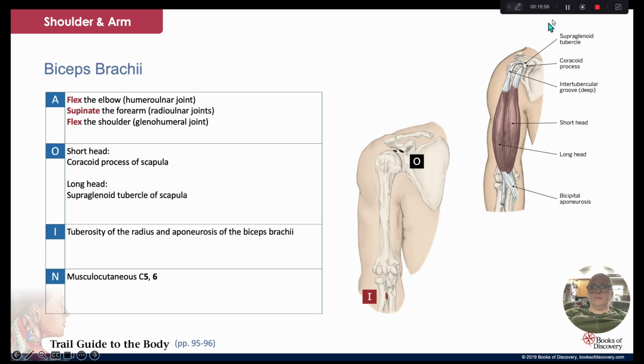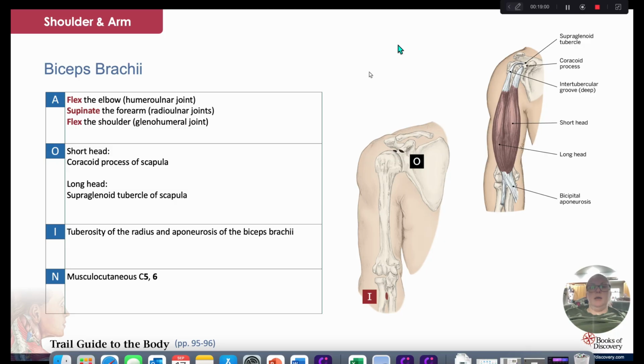So this... I had to pause that because my dogs heard something and started barking. Anyhow, so where was I? It inserts onto the tuberosity. So it's a little nubby bone. On the radius bone, so that's this bone, more on the thumb side. Your ulna is on the pinky side. The tuberosity of the radius and the aponeurosis of the bicep brachii.